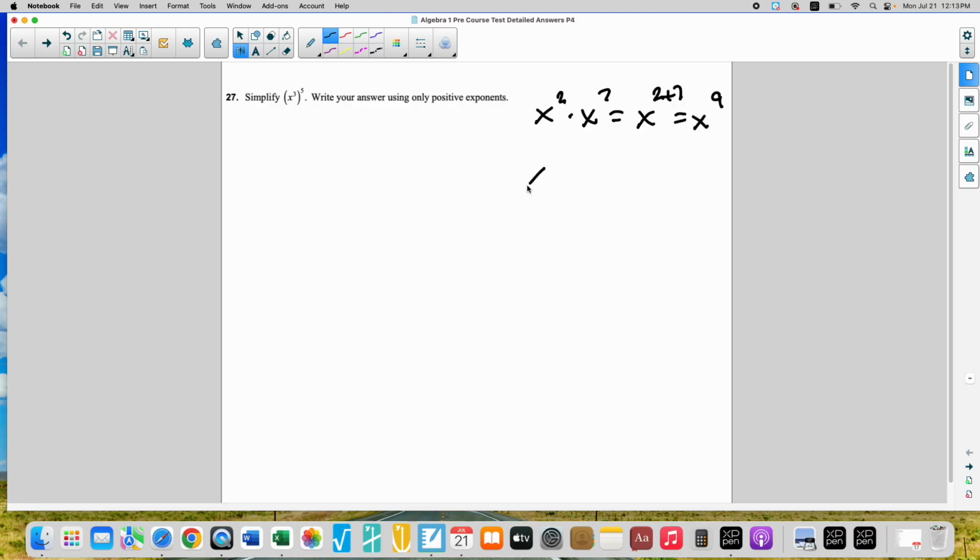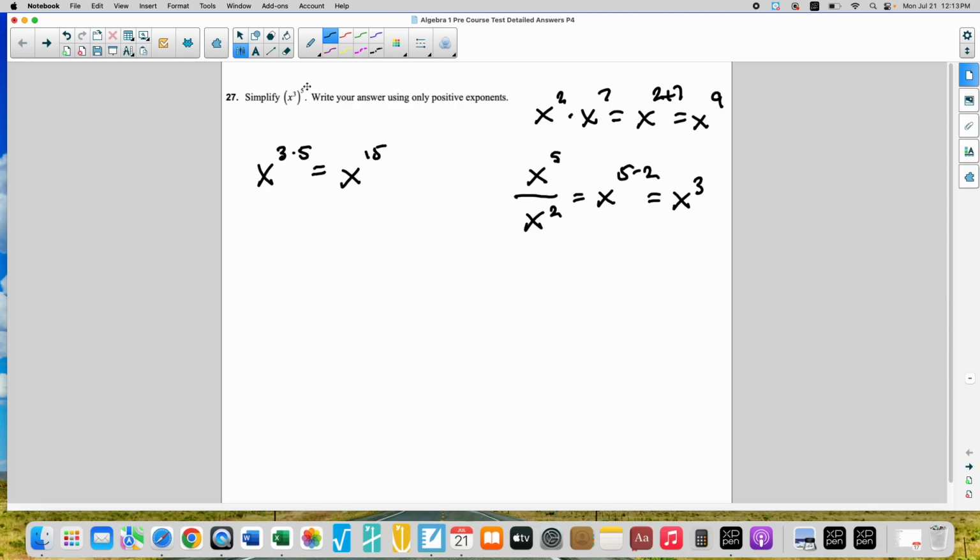When you have x to the fifth divided by x to the second, you subtract the exponents. And when you have a power, in this case, we multiply those. So we have x to the 3 times 5, or x to the 15.